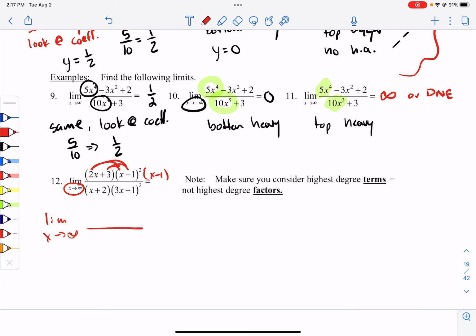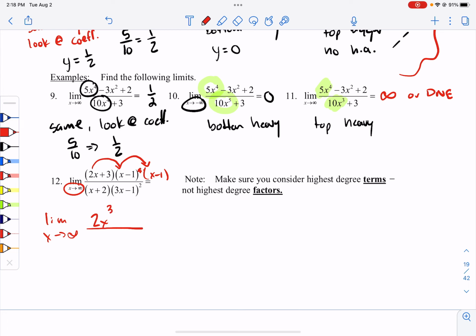I'm going to take my 2x, and it's going to get multiplied by this x, and that's going to give me 2x squared. That is going to get multiplied by another x, because this is x minus 1 squared, so there's actually 2 of them.